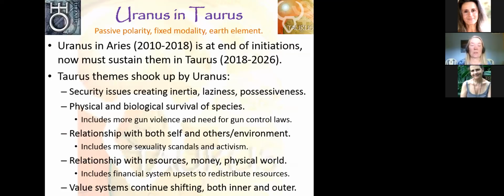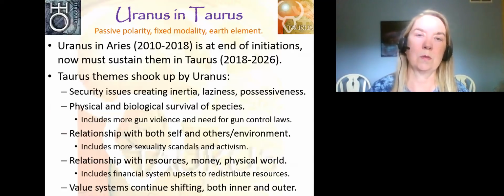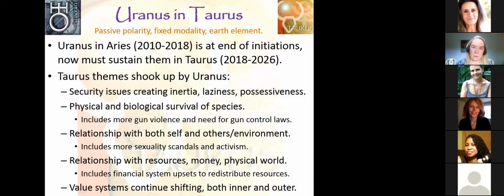There will be physical and biological survival issues of all kinds of species. And one of the ways that we are seeing that come to a head is the whole gun violence. I don't have to probably go into statistics for you on the amount of gun violence we have in the United States compared to, say, Japan, which is one of the safest countries in the world. Ridiculous. But these ideas will become more and more into our consciousness with Uranus in Taurus.